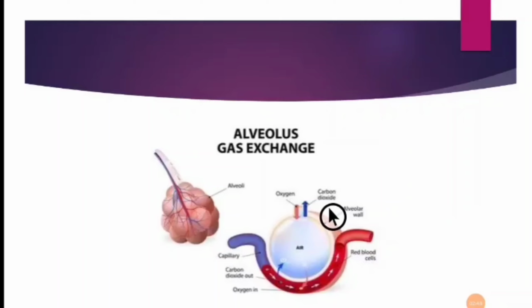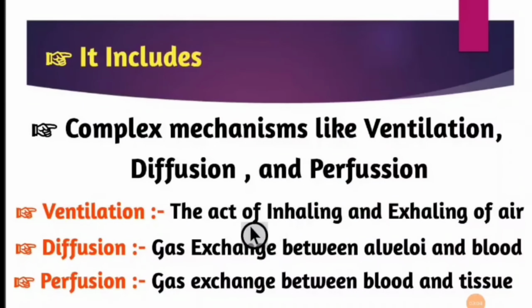This is because the air in the lungs has a higher concentration of oxygen. Then carbon dioxide moves from the cells to capillaries and then back to the lungs as a waste, that is known as diffusion.